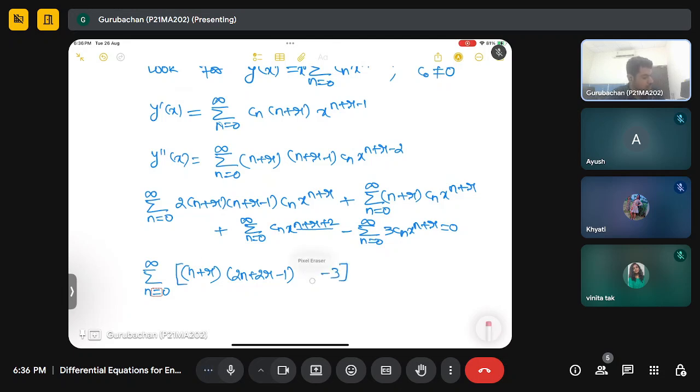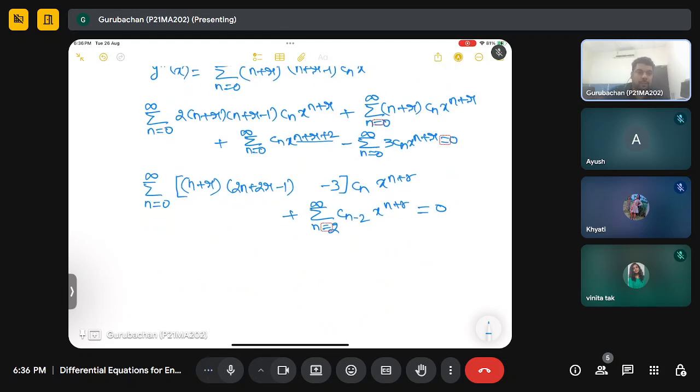Let me write c_n outside: c_n x to the power n plus r, and the other series will be summation n from 2 to infinity. Since I'm putting n as n minus 2, the series will start from n equal to 2. So this is your final series.